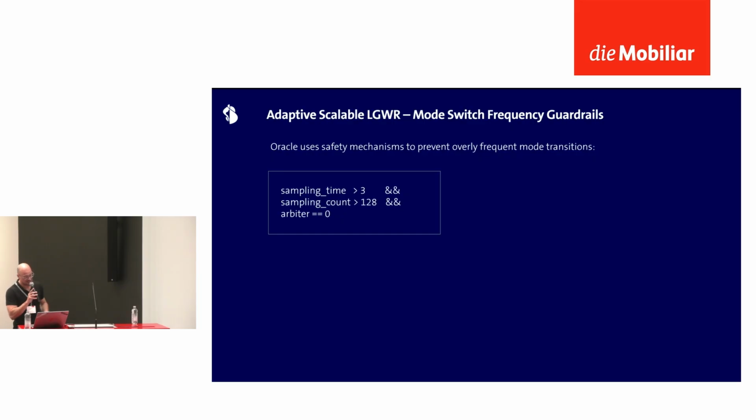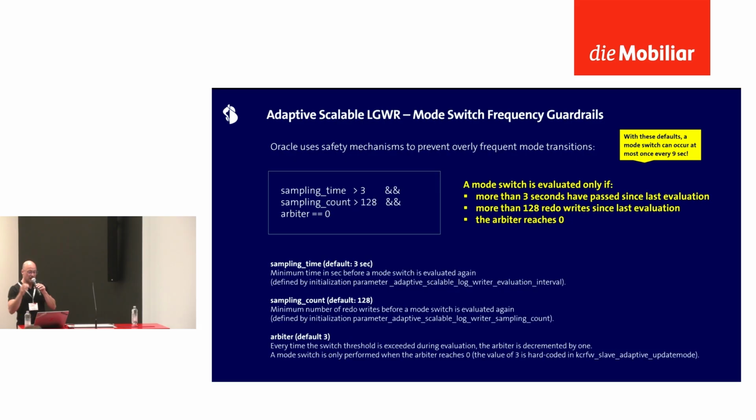And what that means is the sampling time is defined in seconds, so there must at least pass 3 seconds between a mode switch, and there must at least be more than 128 redo writes, and there is an arbiter counter which defaults to 3, and a mode switch only occurs if all these conditions are fulfilled. So more than 3 seconds, more than 128 redo writes, and arbiter counted down from 3 to 0. That means, roughly speaking, a mode switch can only occur every 9 seconds at maximum, not more.